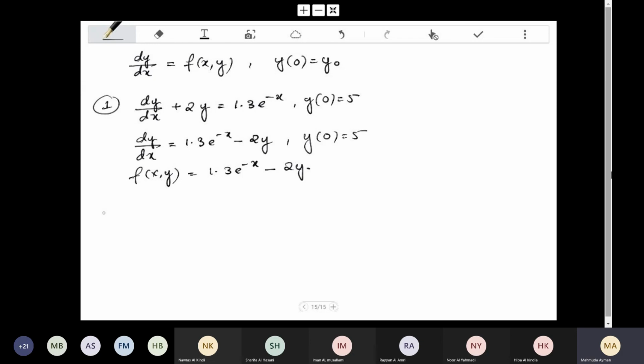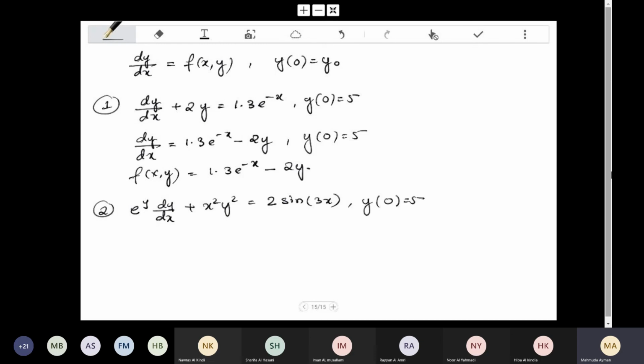Okay, so here we have a second example. We have e to the power y dy by dx plus x square y square is equal to 2 sine 3x, and the initial condition is y0 is equal to 5.